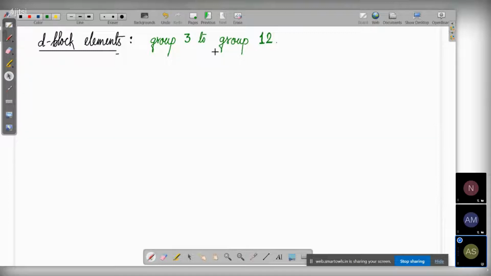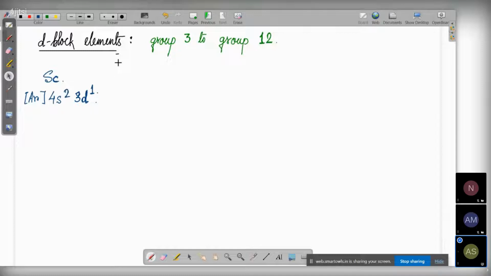Now we will not write all the transition metals. We'll just write a few examples so that we can understand the d block element. Let's take scandium. The configuration of scandium will be argon 4s2 3d1.